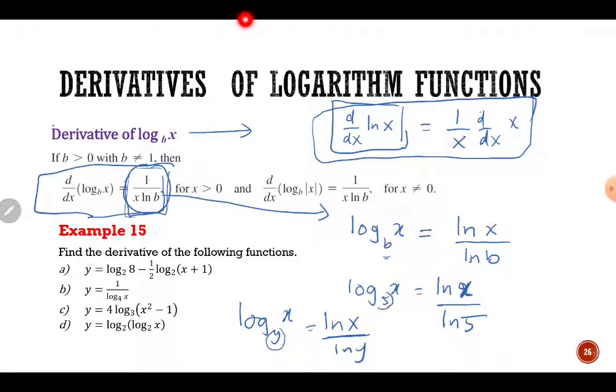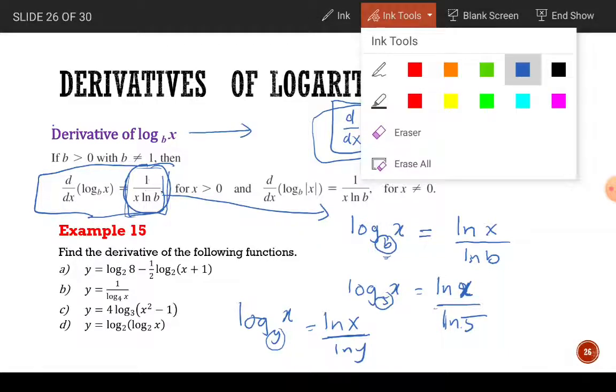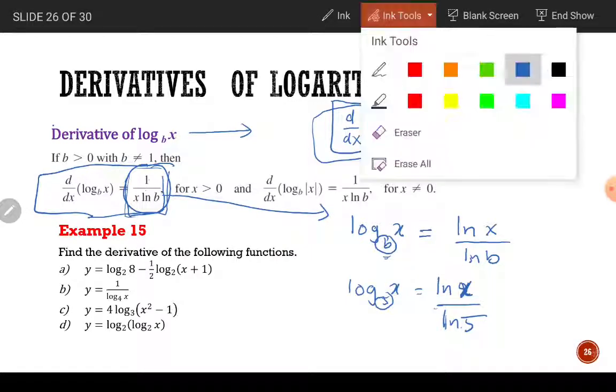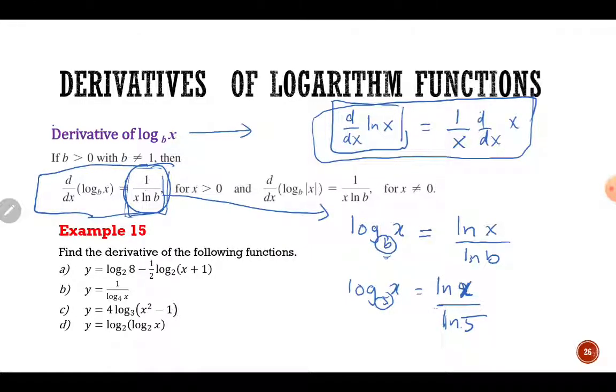Ni kan base 5, dia akan divide by ln 5. Yang ni kan base, dia akan jadi over ln b. Boleh faham? Okay, daripada example ni kita boleh nampak yang mana ln b ni adalah constant. Ln 5 ni pun adalah constant.